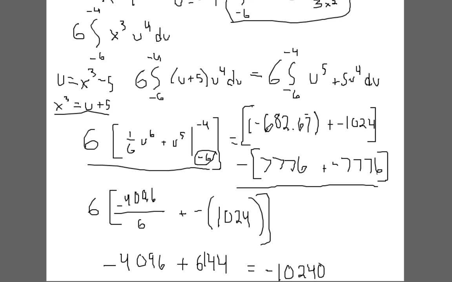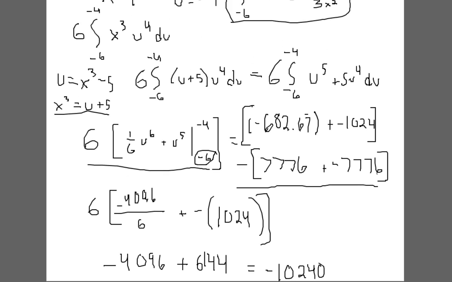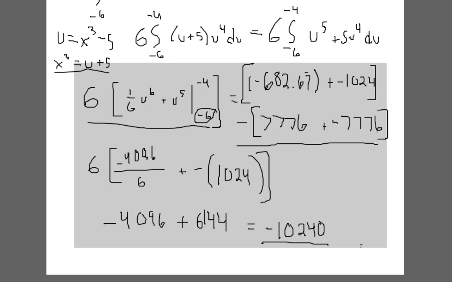And when I evaluate u to the 5th, it's odd, so it should give me a negative number, since u is negative in both cases. Guess we can always start it over and try again.